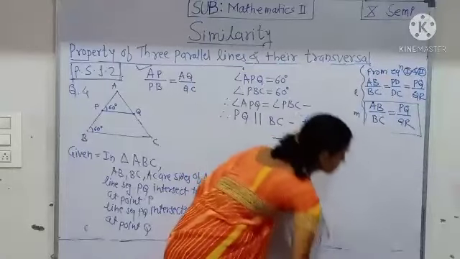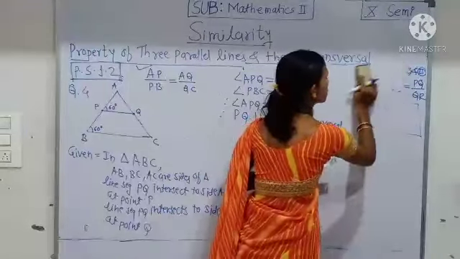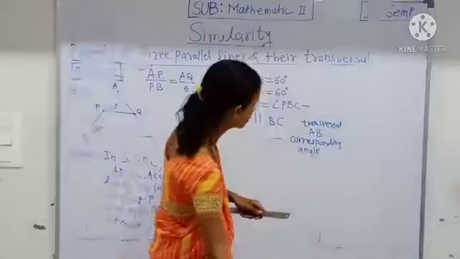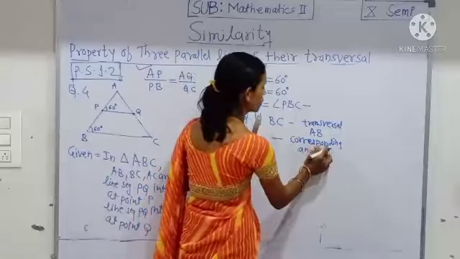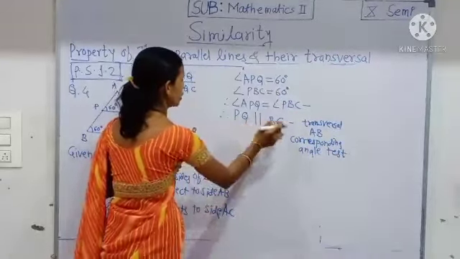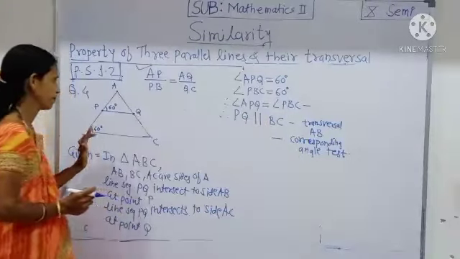Corresponding angle test, alternate angle test and interior angle test. Because of the corresponding angle test, PQ is parallel to BC.